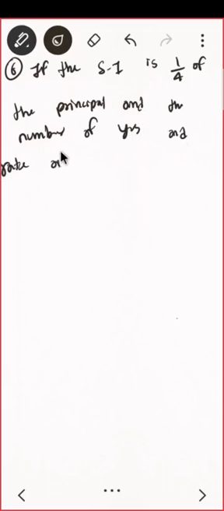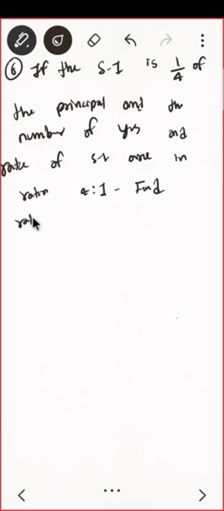If the simple interest is 1 by 4 of the principal, and the number of years and rate of interest are in ratio 4:1, find the rate of interest and number of years.